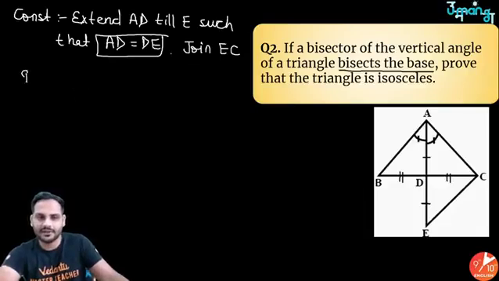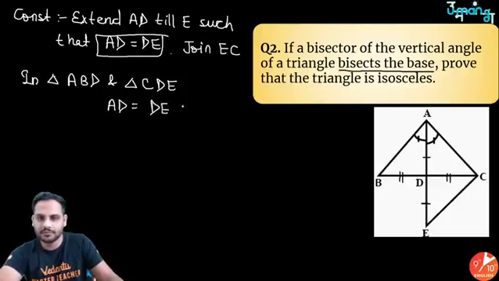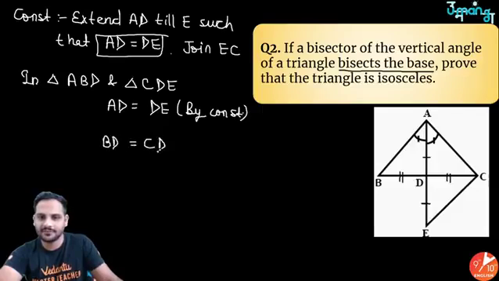So these are the information given to us, and I have done the construction as well. Now I will say that in triangle ABD and triangle CDE, in these two triangles, first I can say AD is equal to DE by construction. We have done the construction in that way that it is equal, right? After that I can say BD is equal to CD as well. It is given, right?